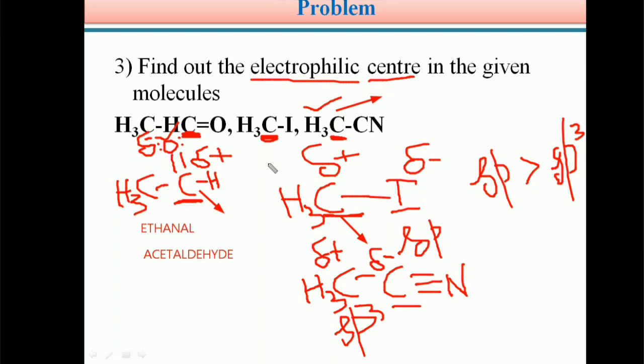A species having negative charge or excess electrons acts as a nucleophile, and a species having positive charge or electron deficient nature acts as an electrophile.